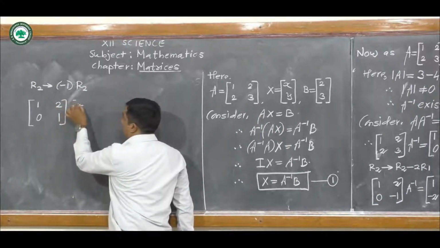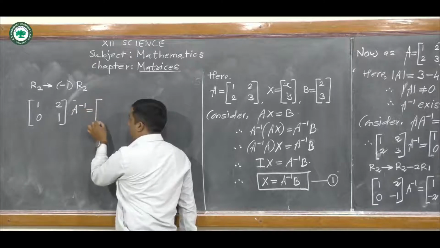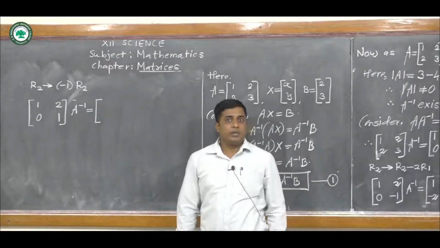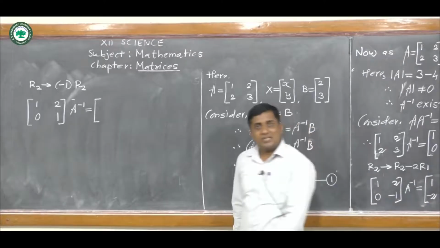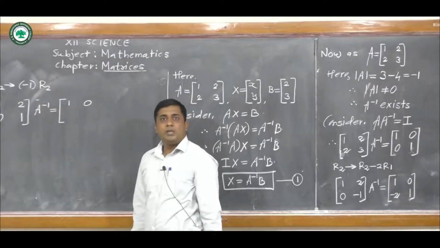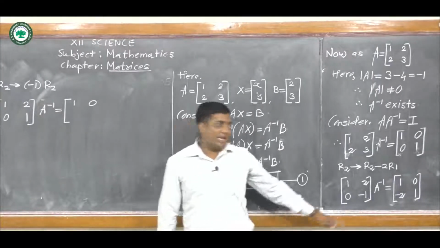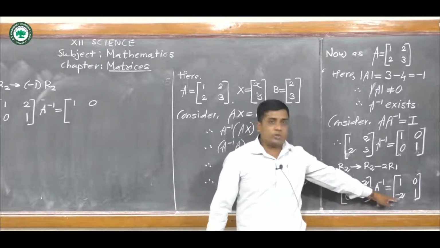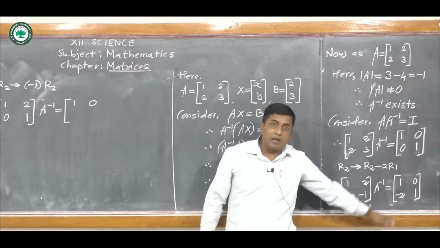Then A inverse is equal to, we perform the same transformation in RHS. Again we keep first row as it is, 1, 0 as it is. Next, we multiply each element of the second row by minus 1. We know minus 2 into minus 1 is plus 2.